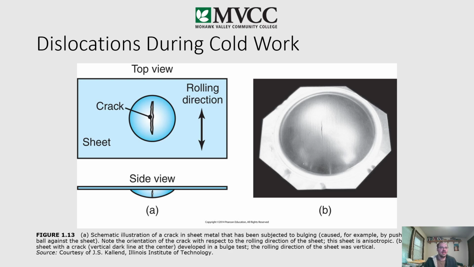This case is an aluminum sheet with a crack, vertical dark lines at the center, and you can see it develops a bulge. So this is a bulge test, and the rolling direction of the sheet was vertical, so as it bulges out, it basically cracks right along that defect. They can also be a stress point, and as soon as that stress point's not able to take any more, it's going to crack.